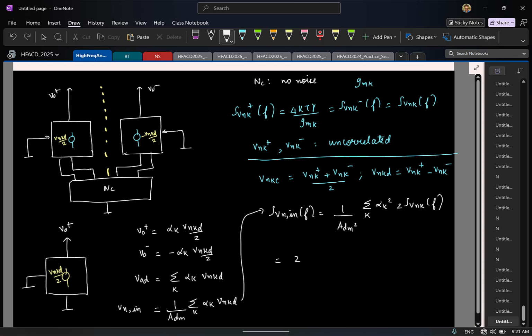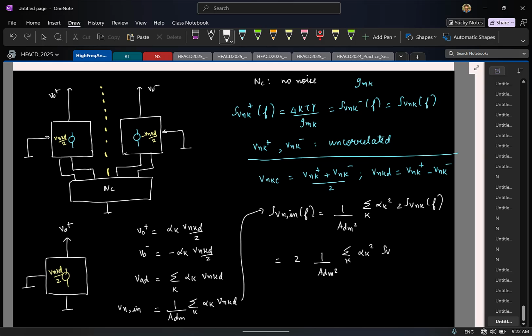It is twice 1 by the differential gain square summation k alpha k square SVnk of f. And this you can actually think of it this way. But till this point, is the result clear? So if there is any confusion in this, let me know. I'll clarify it now itself.